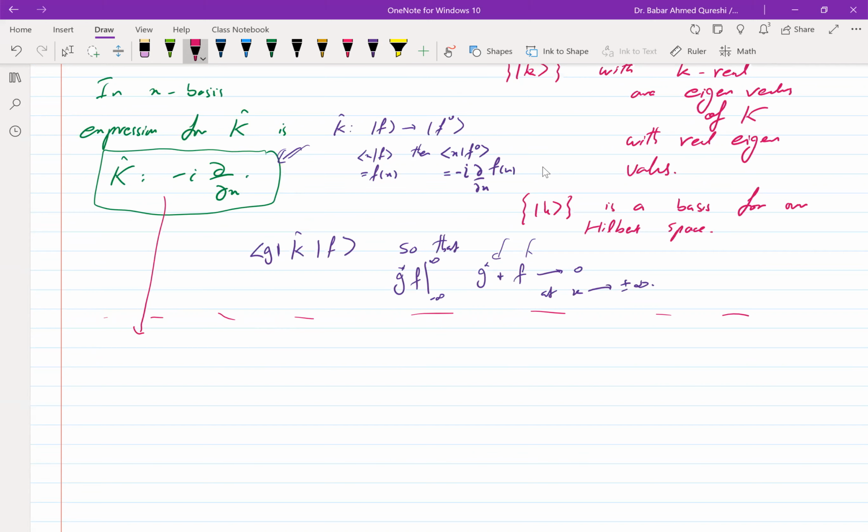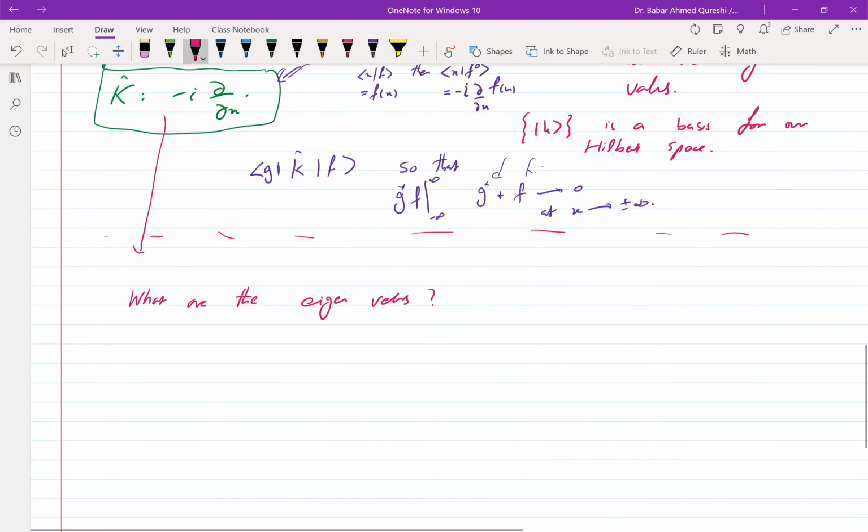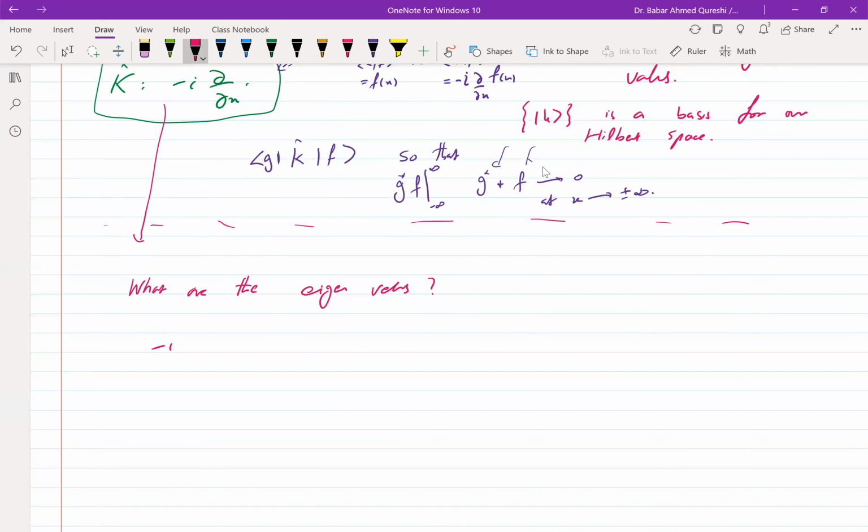Now with this expression, let me try to find what are the eigenvalues, what are the eigenvectors. So I have K f(x) is equal to some a f(x).